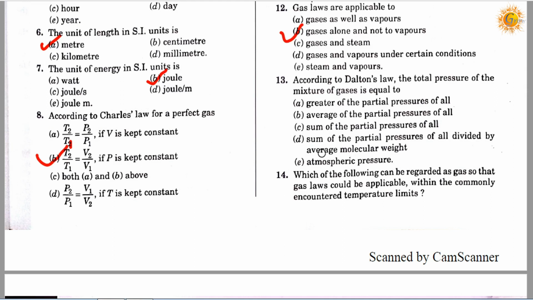So the correct answer is C. According to Dalton's law, the sum of the partial pressures of all will be the total pressure of the mixture of gases.